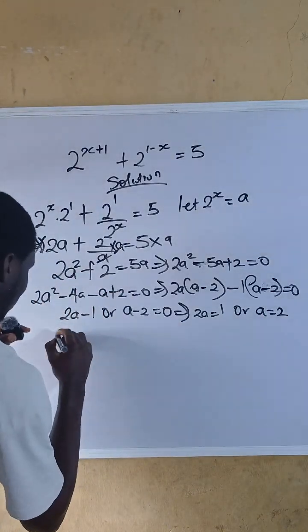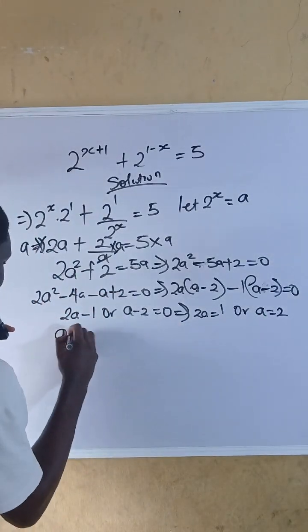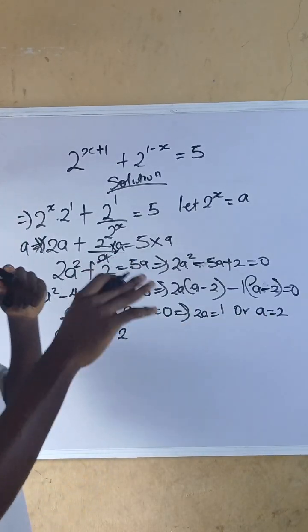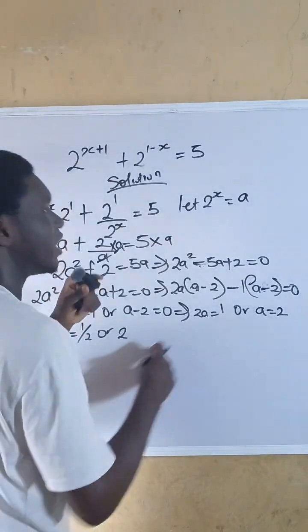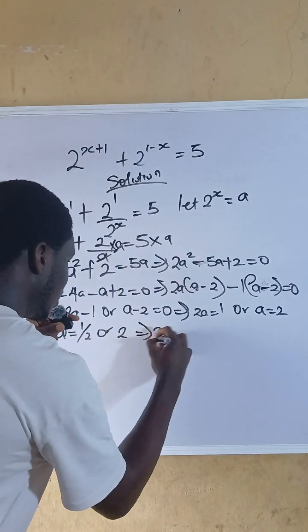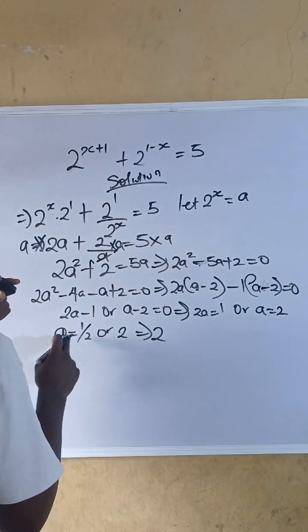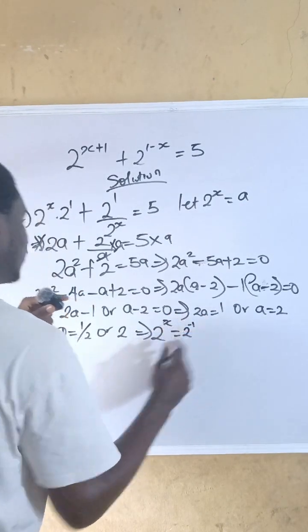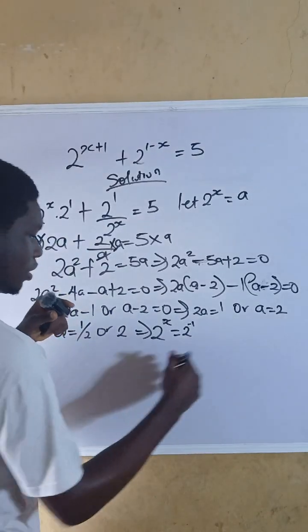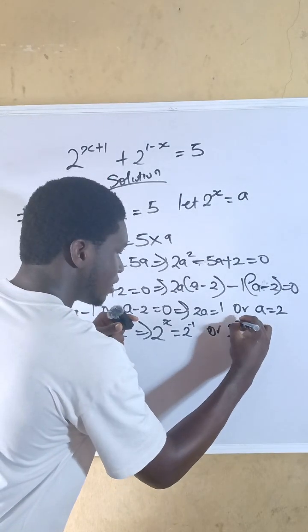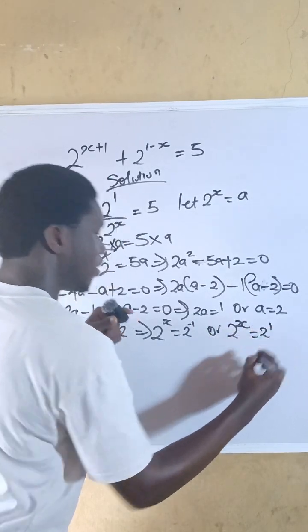So in that instance, we have a is equal to 1 over 2, or 2. But we are looking for the value of x. Remember that a is equal to 2 to the power of x. So 2 to the power of x will be equal to 2 to the power of negative 1, or 2 to the power of x is equal to 2 to the power of 1.